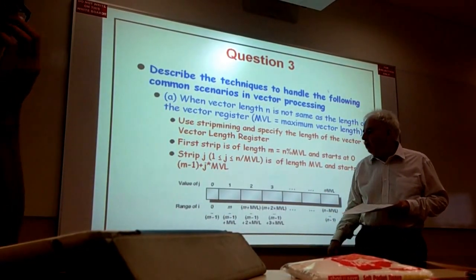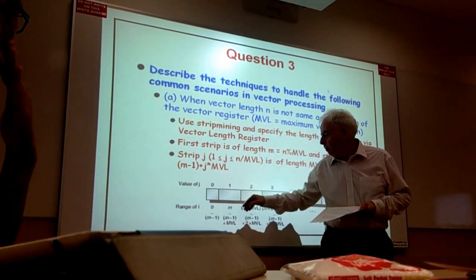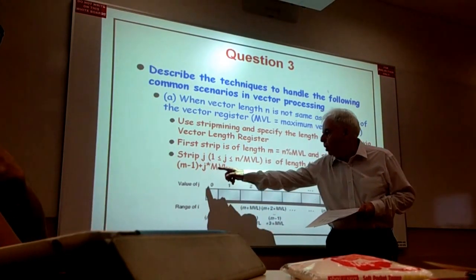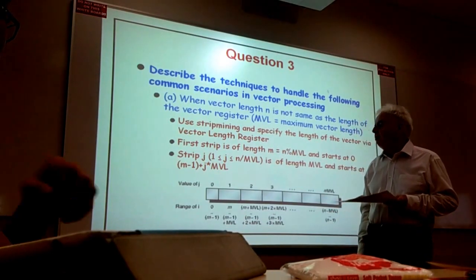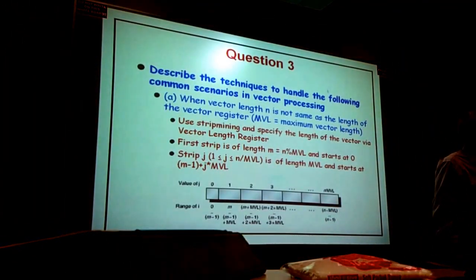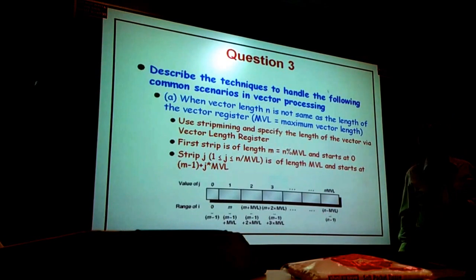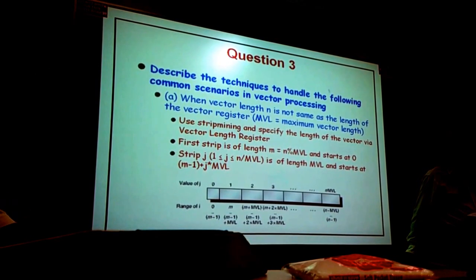So strip 1 will start at n mod mvl plus 1 times mvl, strip 2 at n mod mvl plus 2 times mvl, and so on. By using that technique, even if you have a long vector which won't fit into the vector register, you can still process it.